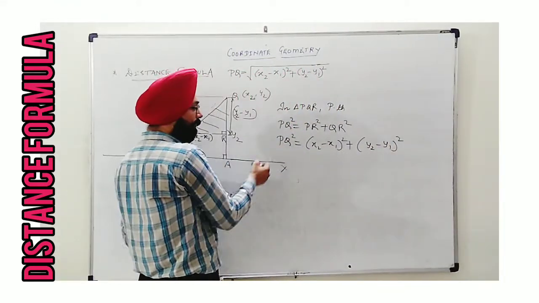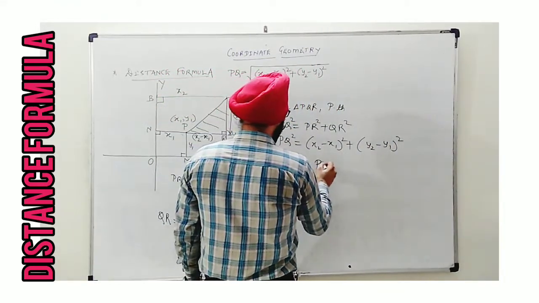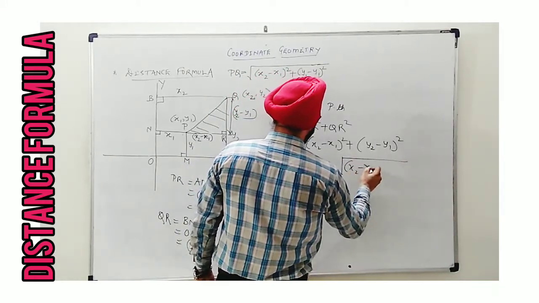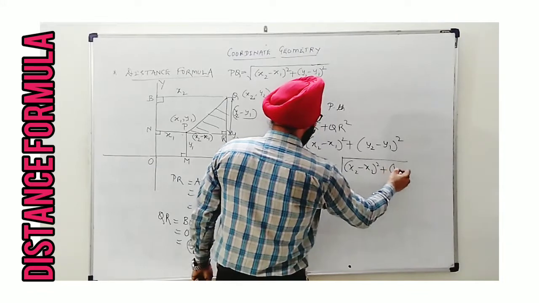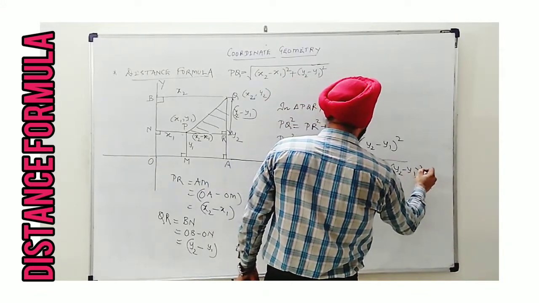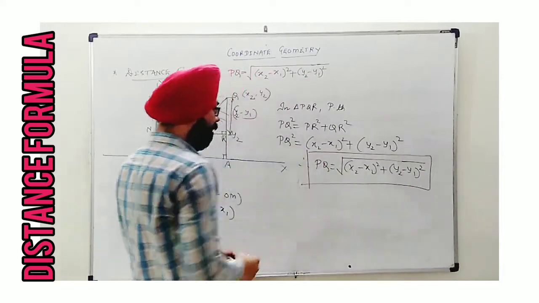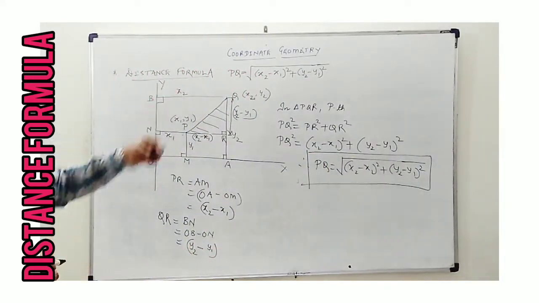As soon as we find this PQ square, we will write PQ as the square root of x2 minus x1 whole square plus y2 minus y1 whole square. You see, this is the distance formula derivation. The same formula we have obtained.